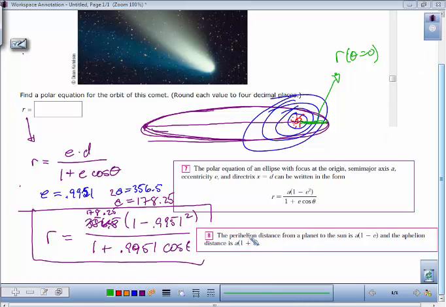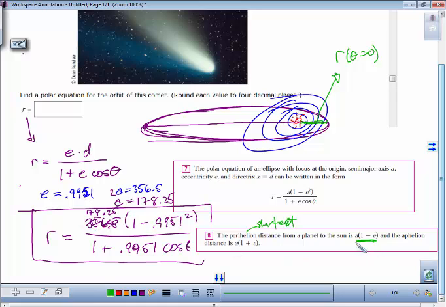So the shortest distance from the planet to the sun, in this case we're looking at a comet, is going to be given by the semi-major axis, times 1 minus the eccentricity. So we can figure that out.